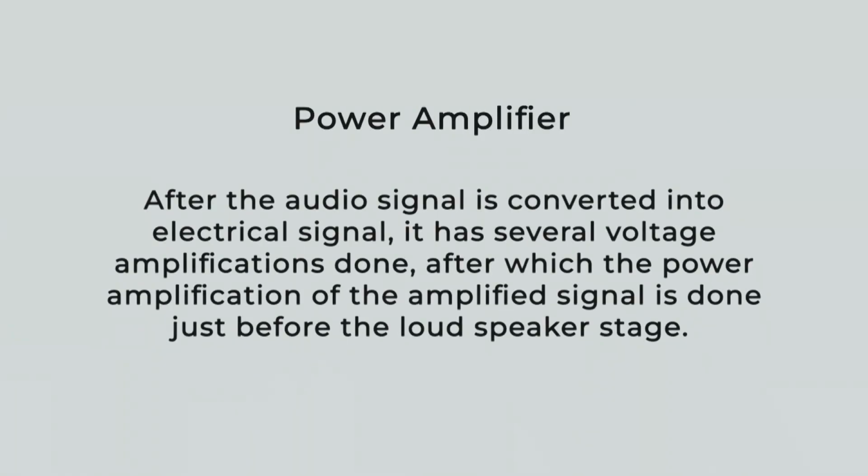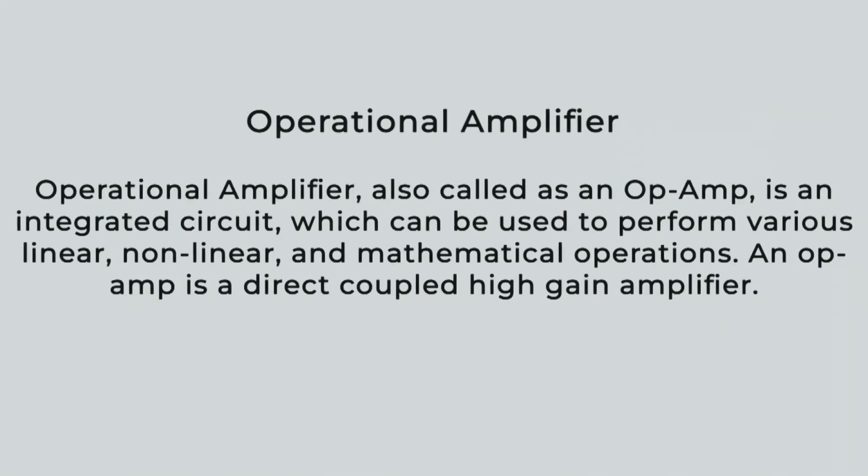Power amplifier: after the audio signal is converted into an electrical signal, it has several voltage amplifications done, after which the power amplification of the amplified signal is done just before the loudspeaker stage. Now, next type of amplifier is the operational amplifier.